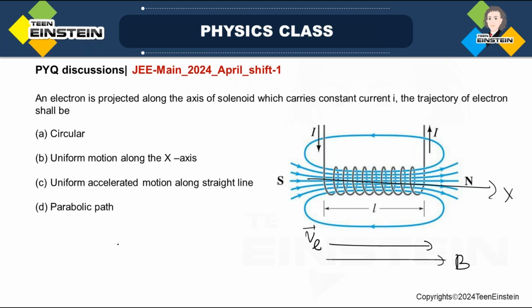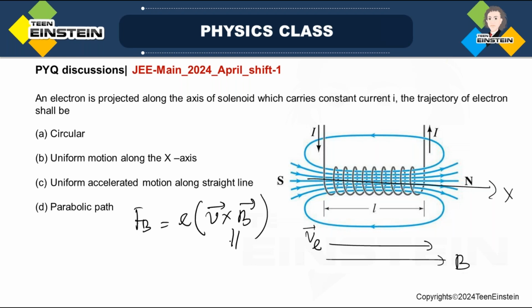We know the trajectory depends on the force acting on the particle. Here there is no electric field at all, only a magnetic field along the axis of the solenoid. Since velocity and field are parallel, there will be no magnetic force, because the magnetic force on a charged particle with charge e is F = e(v × B).